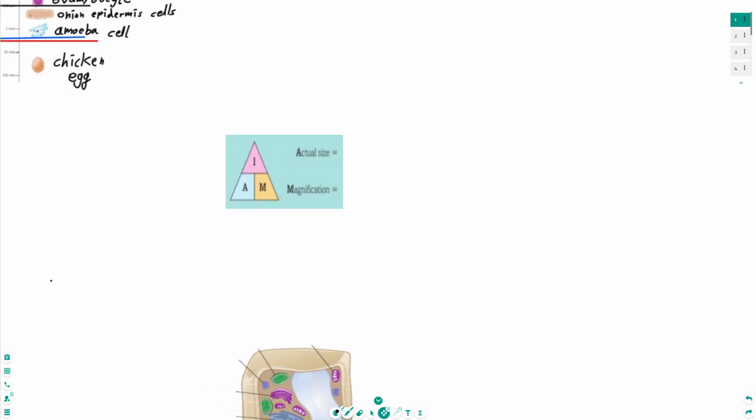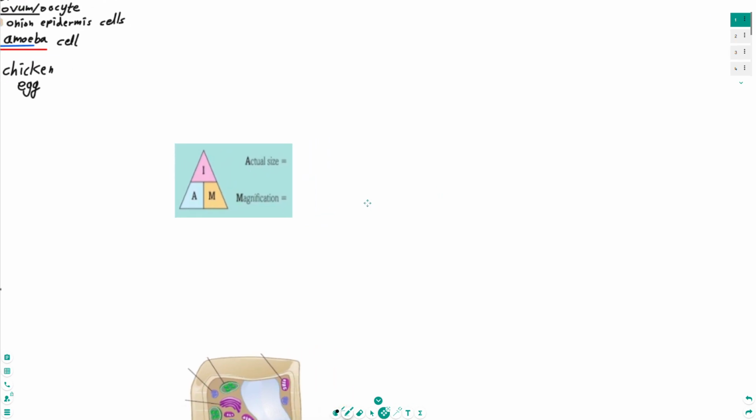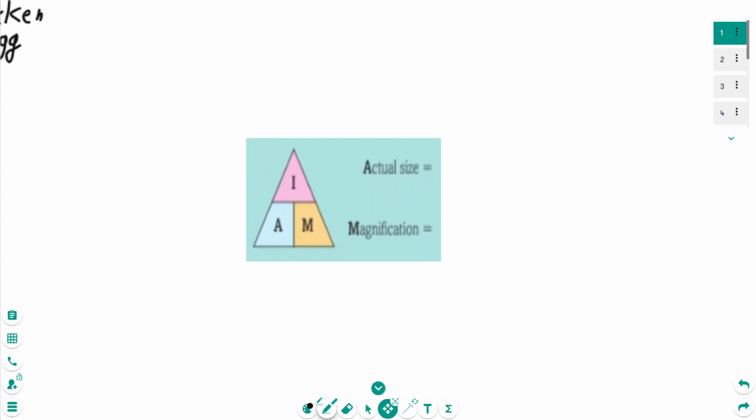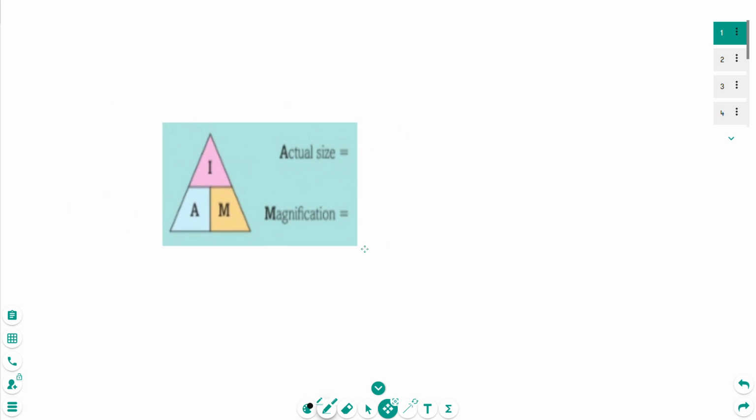So I'll just scoot over here for a second, and then zoom in. Then look at the magnification formula. Okay, so magnification is how many times bigger an object is under a microscope.